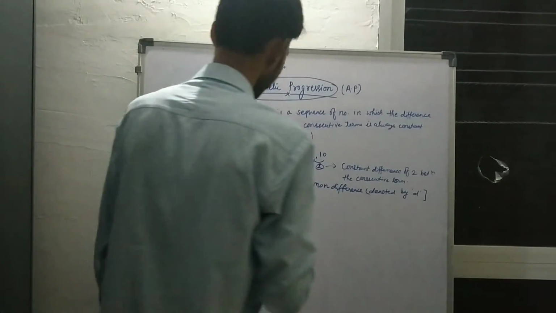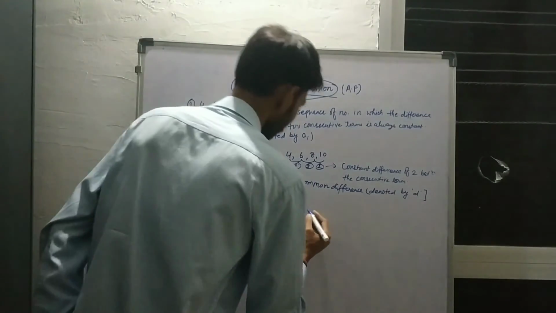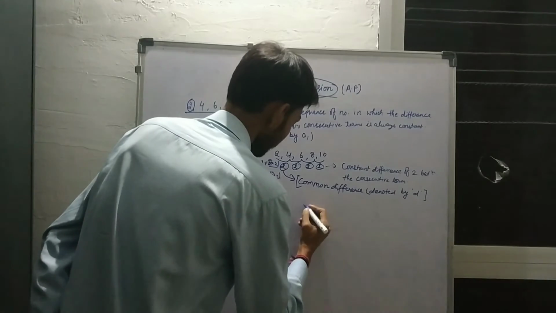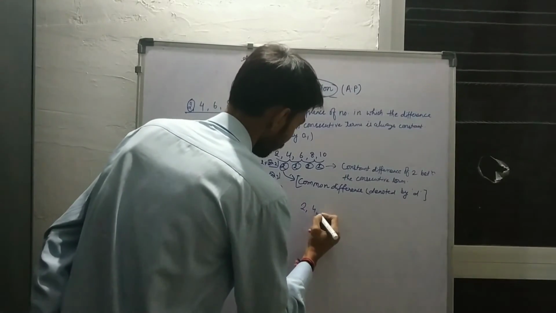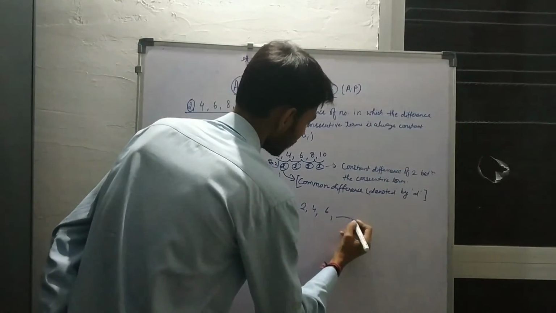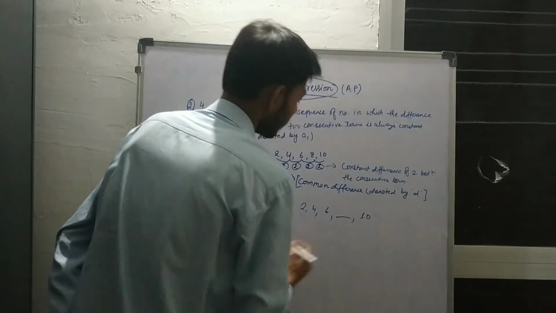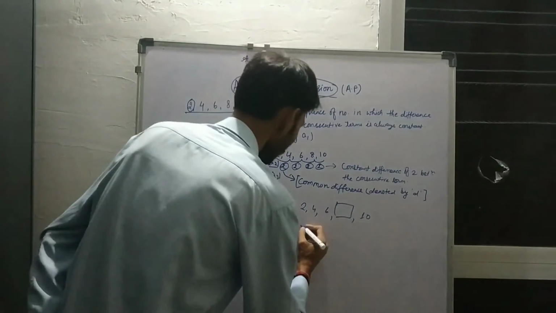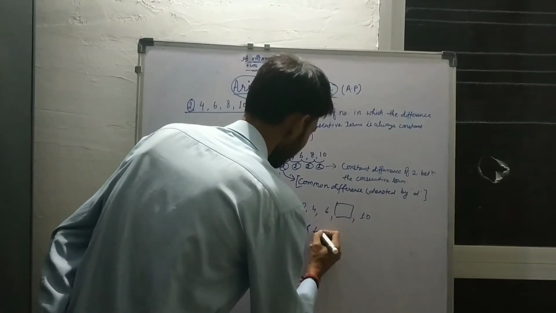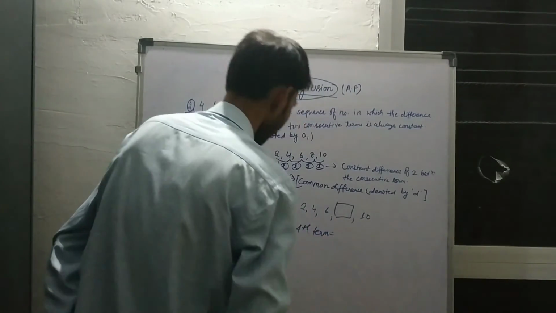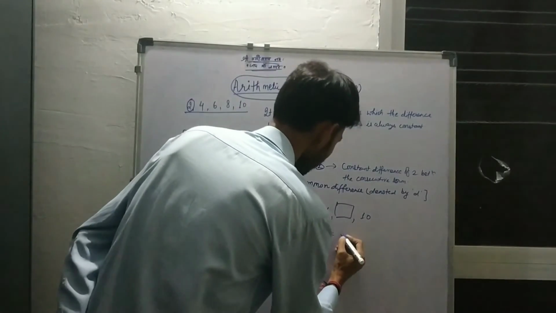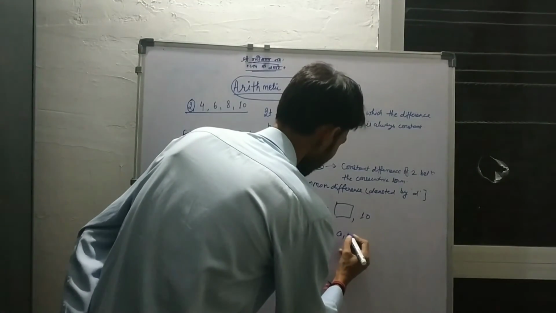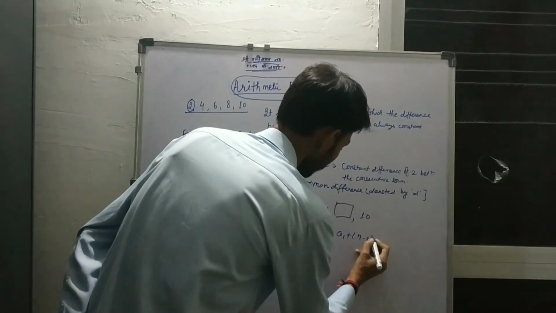Accordingly, in the sequence 2, 4, 6, 8 and 10, if we have to find the fourth term, we can write it as the first term a1 plus n minus 1 into d.